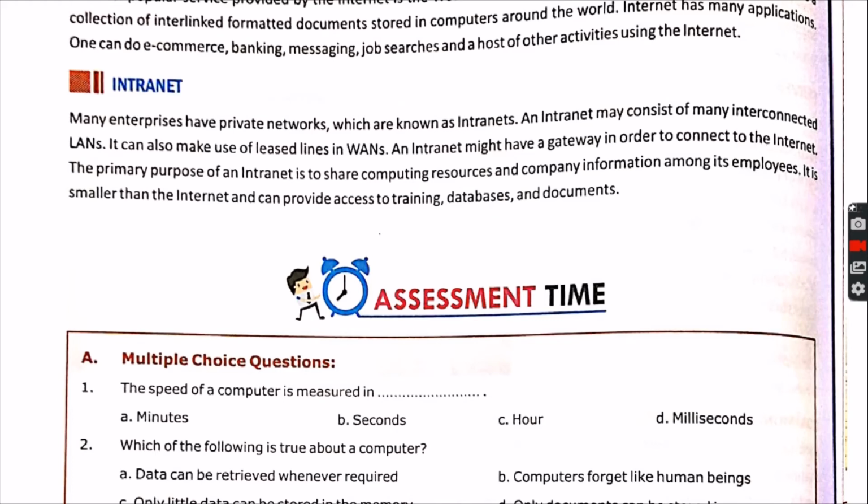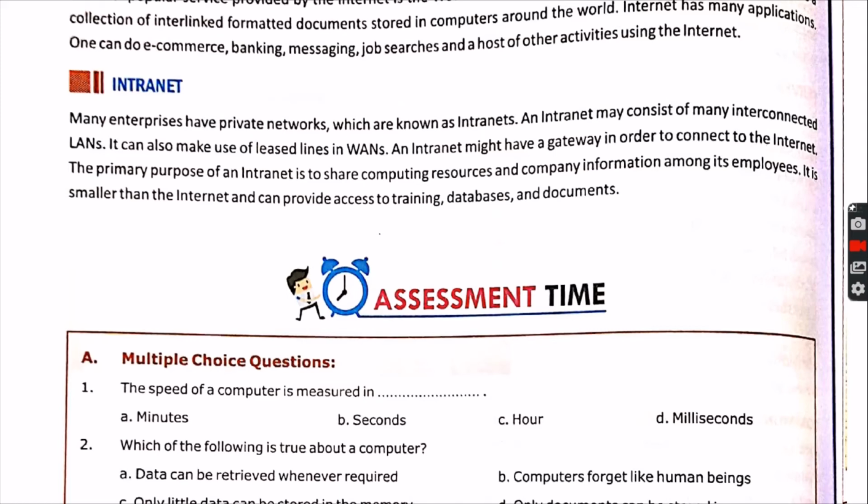For example, for a school, in future you will have a user ID and password, and you can access the account of the school website. But other students who are not studying in that school will not be provided the user ID and password, and hence they cannot access the resources of the school. So intranet is a small network in comparison to internet.